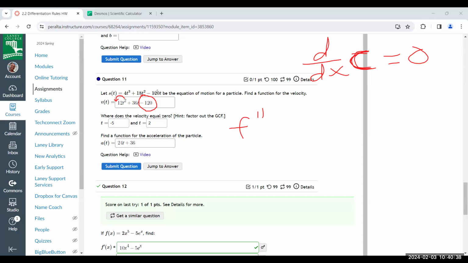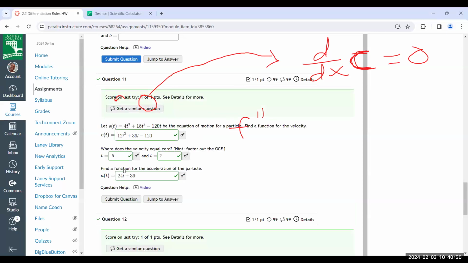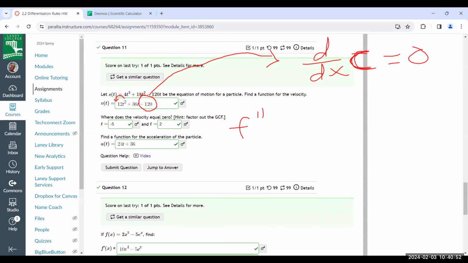So the derivative of -120, that's just 0, which means I don't have to write anything here. I don't have to write +0, because when you add 0 or -0, that won't affect the number.